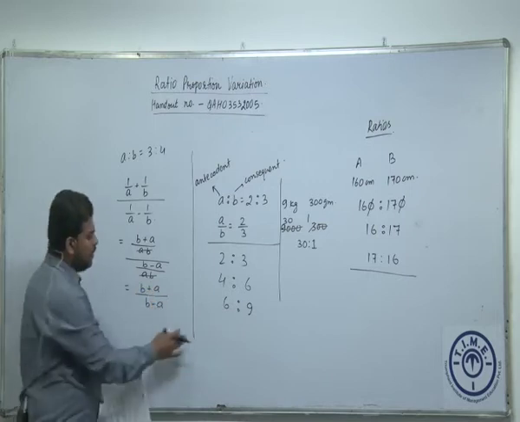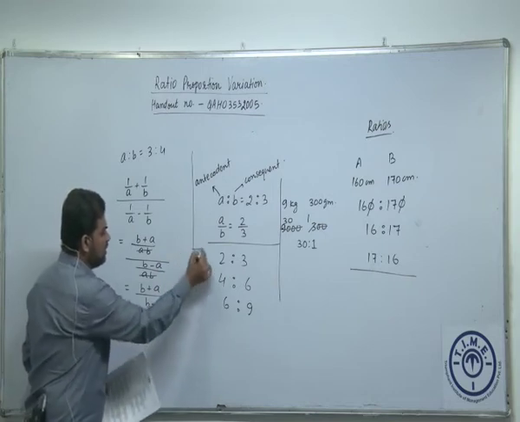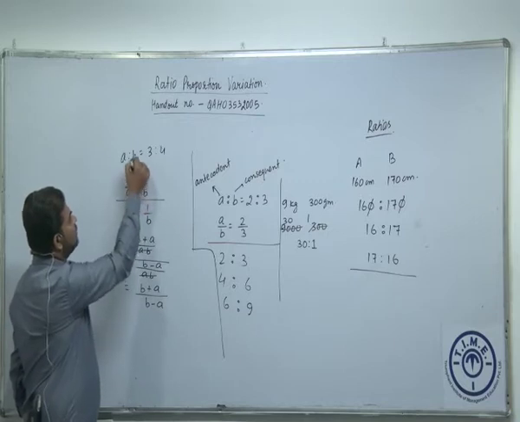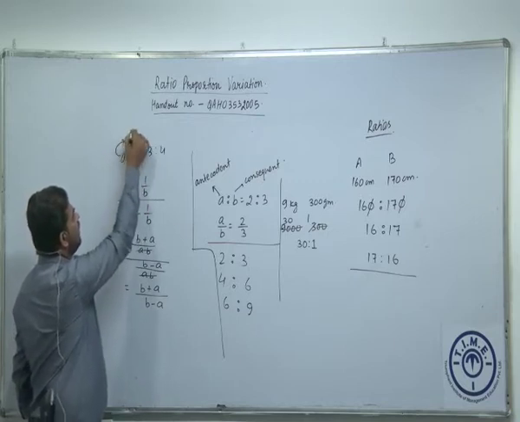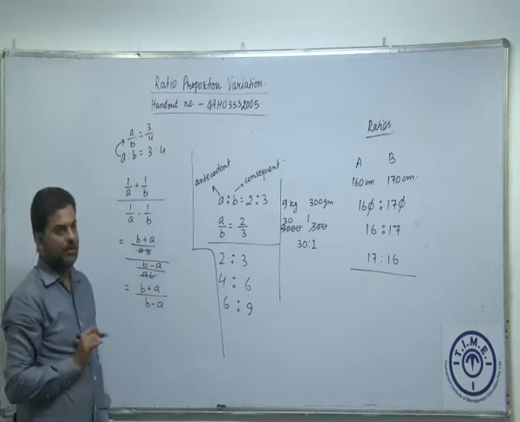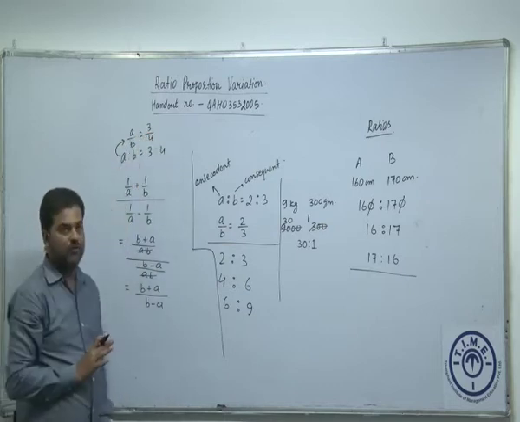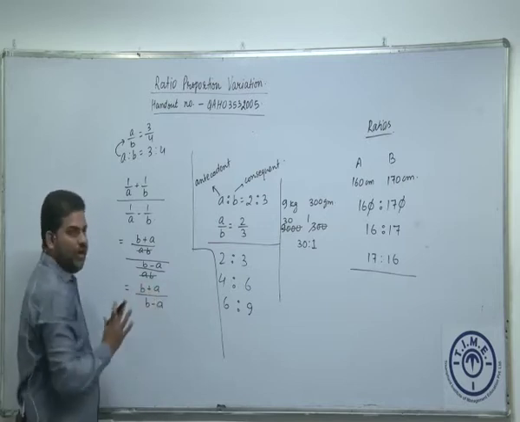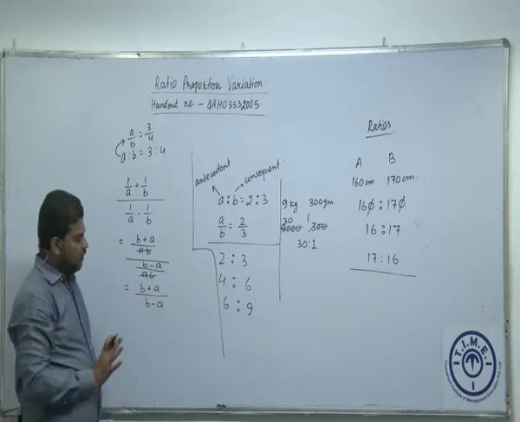Okay. Next step would be like this. So we have what? A is to B. Can I write this value as A divided by B is equal to 3/4? Can we write A by B equal to 3/4? Yes. Now here also we need to find out how to get A by B here. So think about it.